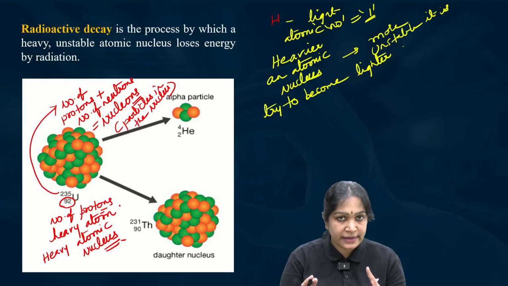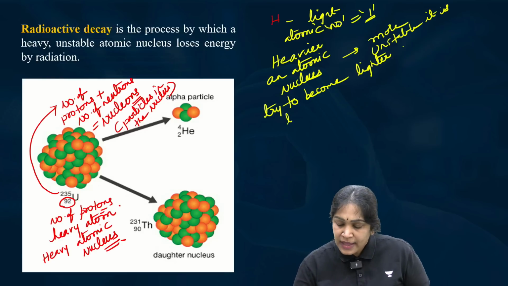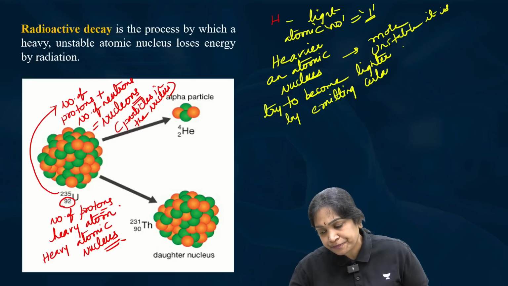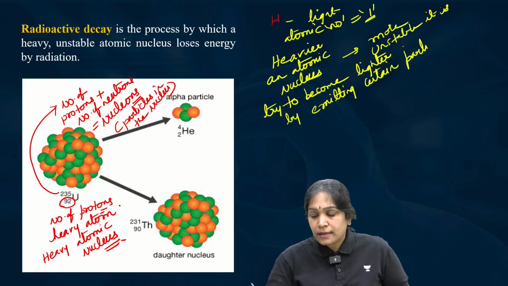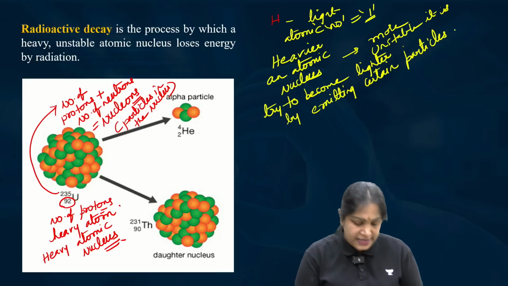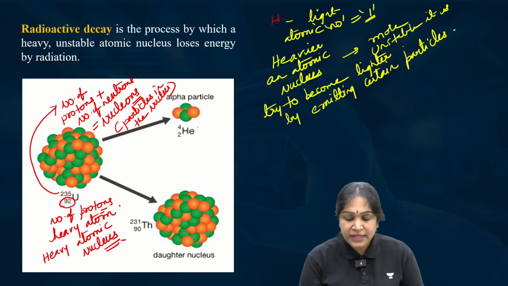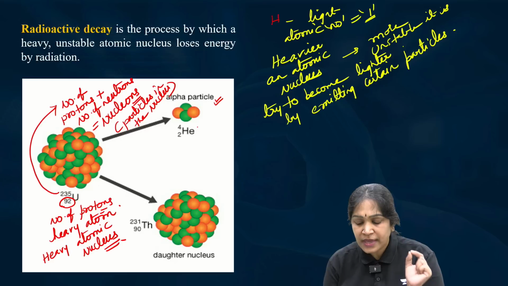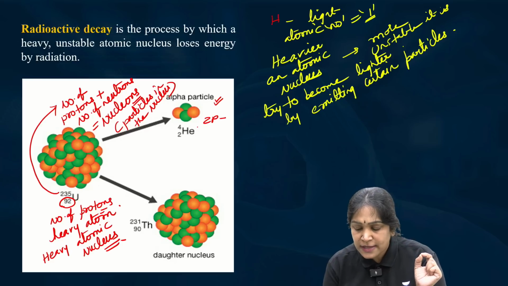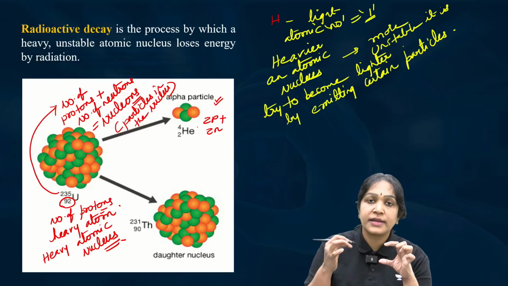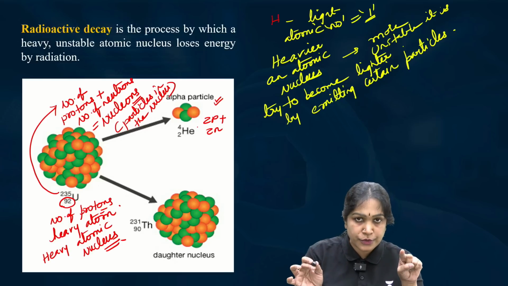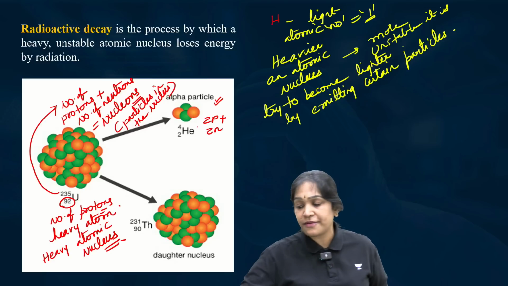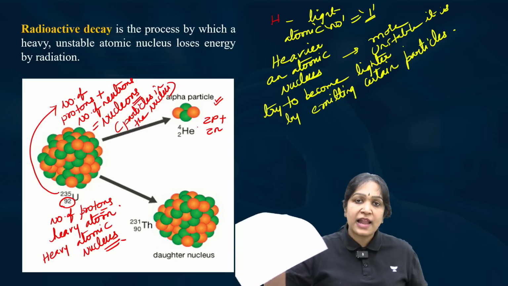How can it become lighter? By emitting certain particles. For example, if you observe here, this is called an alpha particle. What is an alpha particle? It is having 2 protons plus 2 neutrons. A particle composed of 2 protons and 2 neutrons is called an alpha particle.